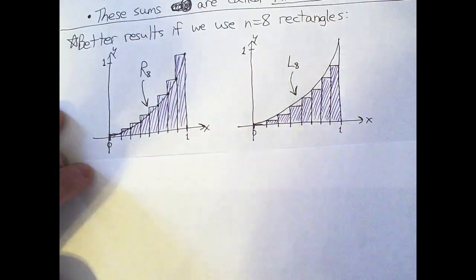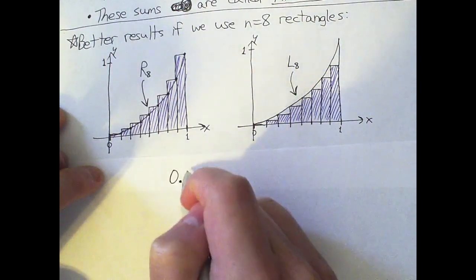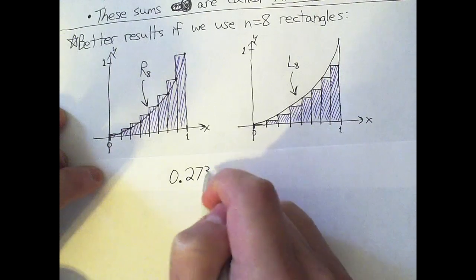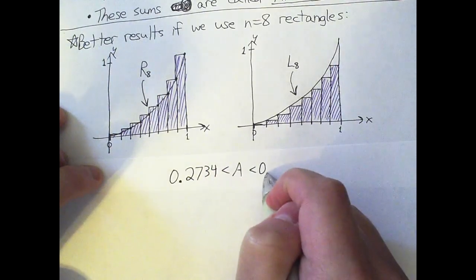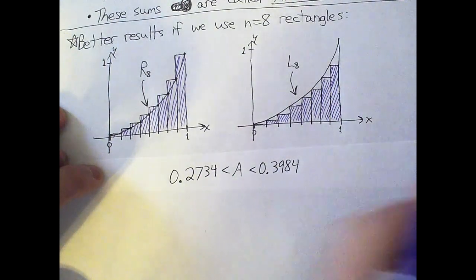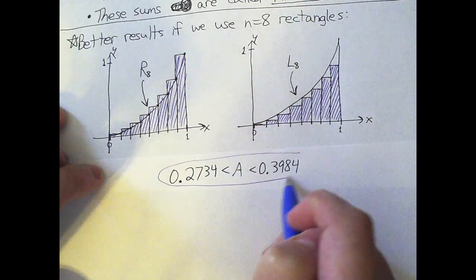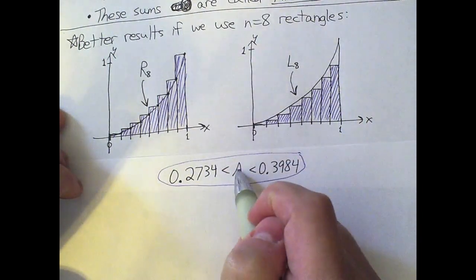And the better results that we get are that it tells us that the area is between 0.2734 and 0.3984. So like we did with L4 and R4, I'm saying the area has to be between them.